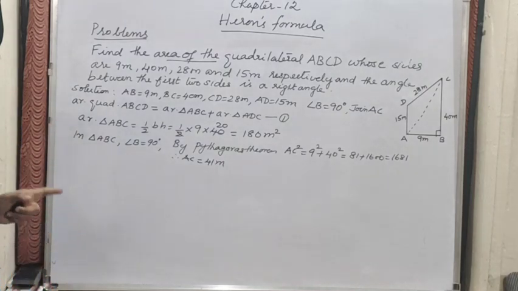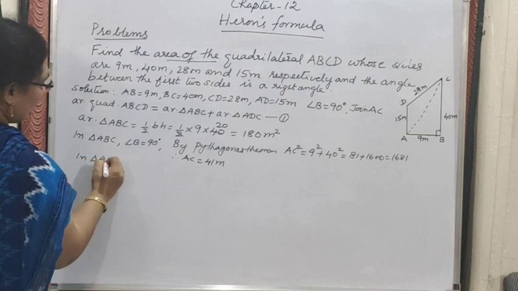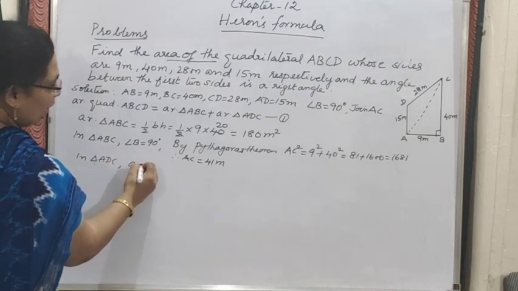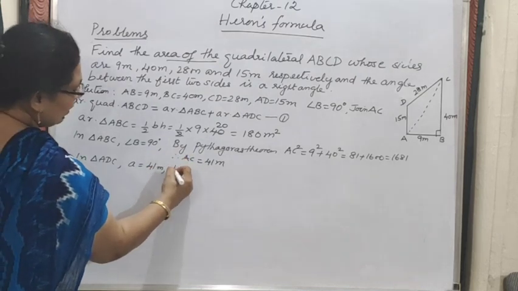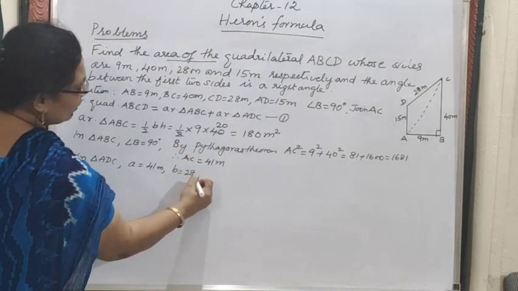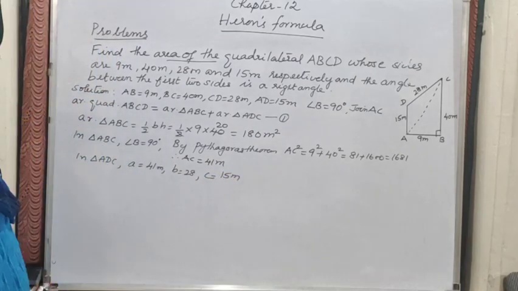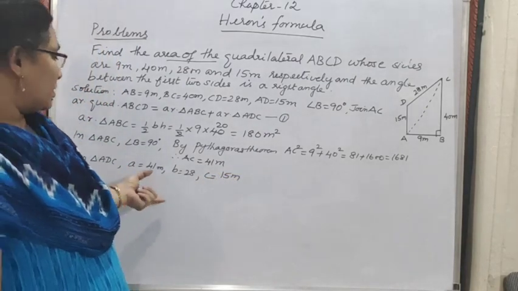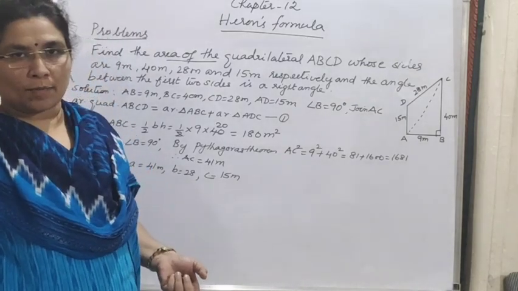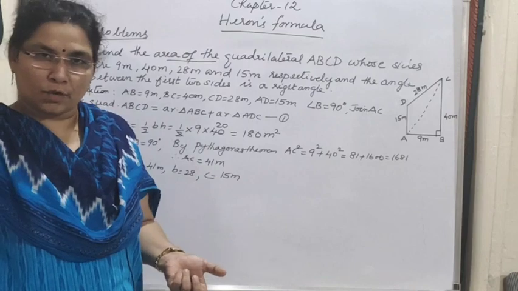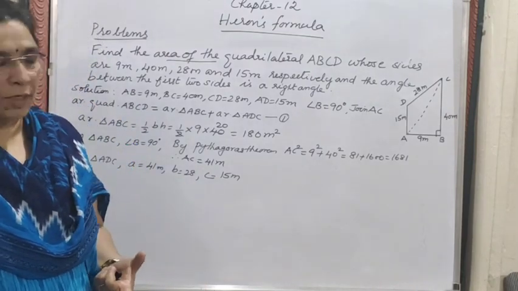Now in triangle ADC, we can take a equal to 41, that is our AC, b equal to 28, c equal to 15. Now, if we have three sides, which formula is to be used? Heron's formula. For calculating Heron's formula, what is the first step? Semi-perimeter to be calculated.